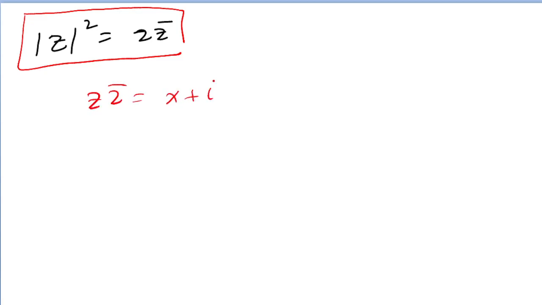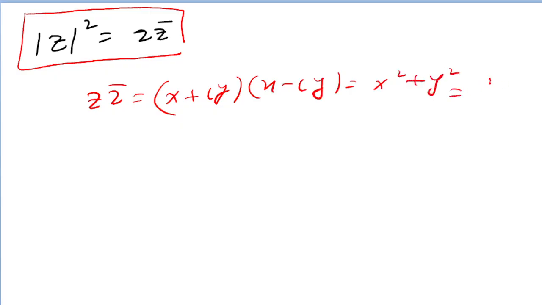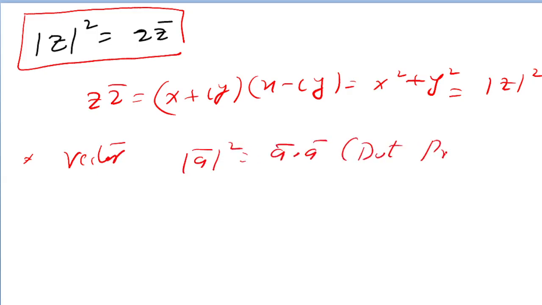That is x plus iy into x minus iy, that is x square minus i square y square, which becomes x square plus y square, and that is mod z square. Don't be confused. In vectors we have a square equal to a dot a, the dot product. So something similar we can assume. Okay, this was something corresponding to the conjugate.